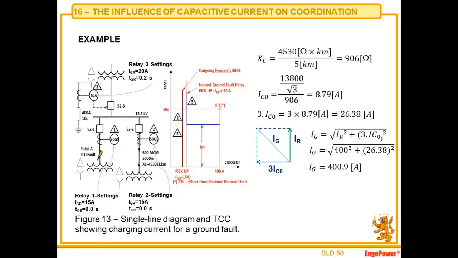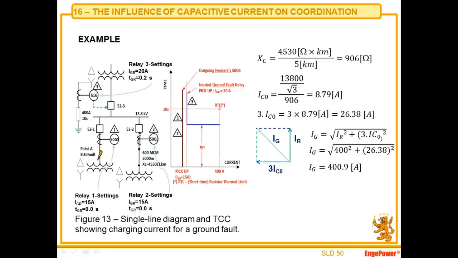And the capacitive reactance for this cable, XC, will be the value supplied by the cable manufacturer, divided by 5 kilometers. I have 906 ohms. IC0 will be the line to ground voltage divided by XC, 8.79. 3IC0 will be 3 times that value. It is 26.38. The outgoing feeders are set for 15 amps.